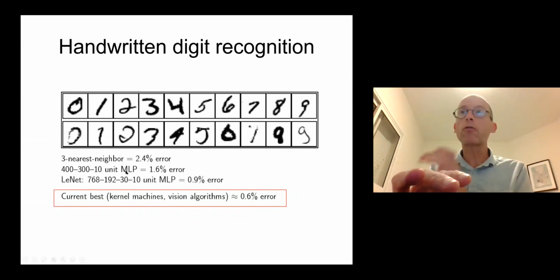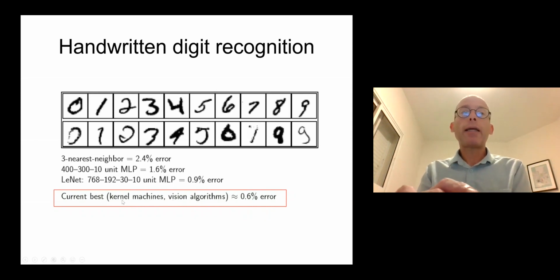Simple neural networks, not convolutional, but with a few layers, were getting between 1 and 1.5% error, and back then, several years ago, support vector machines were doing the best. Nowadays, of course, we can get much, much better with convolutional or deep neural networks, but at least that was the case.